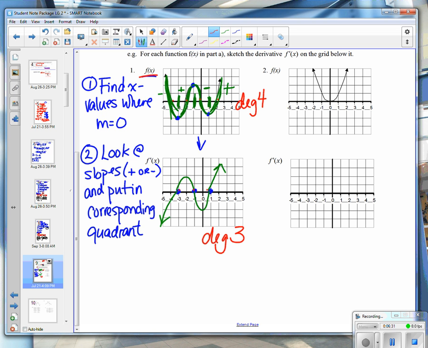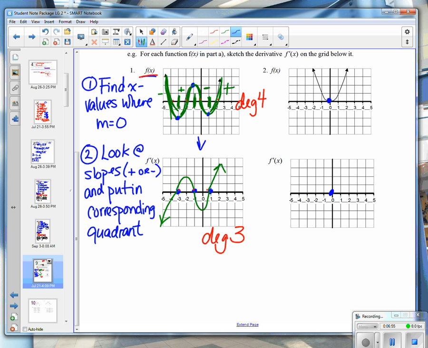All right, let's take a look at number 2. This one, again, you can try and pause it and then try it yourself. First step, I always like to take a look at where are my maximums and where are my minimums. Well, I only have one minimum right here, so I know that that point, which just happens to be already on 0, is going to be a 0 slope. So that point is not going to change at all.